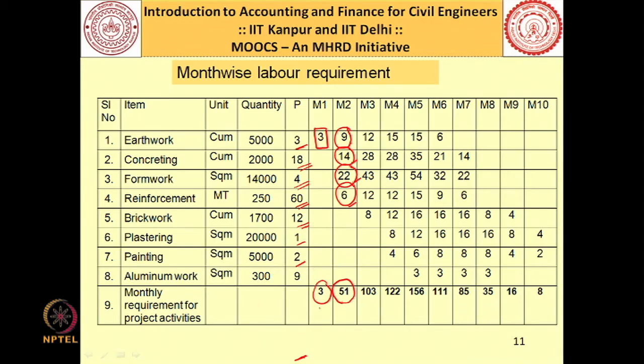So, you can see here month 1, 3, month 2, 51, month 3, 103. Likewise, you find in the last month you require only 8 workers. Now, these are the workers which are needed for direct items like earthwork, concreting, formwork and so on. In addition to this, there are certain other workers also required at site.